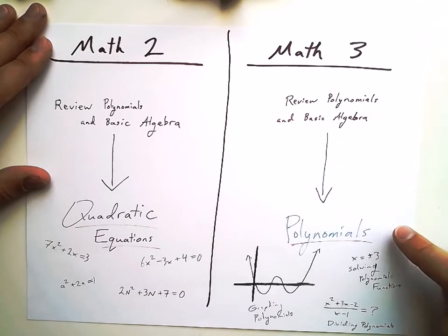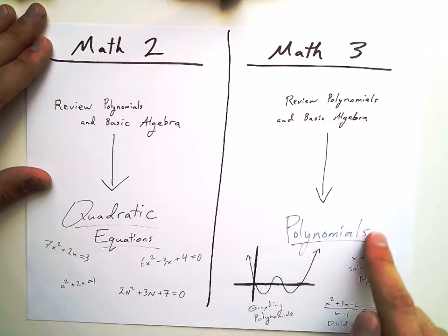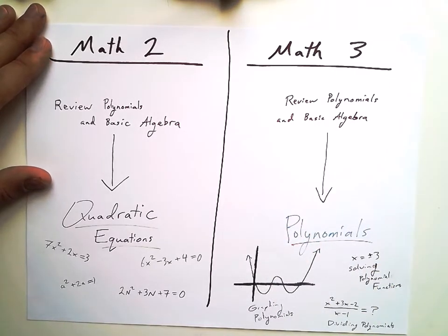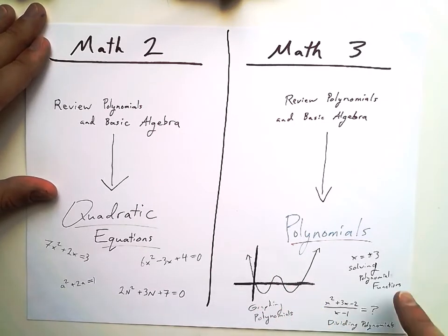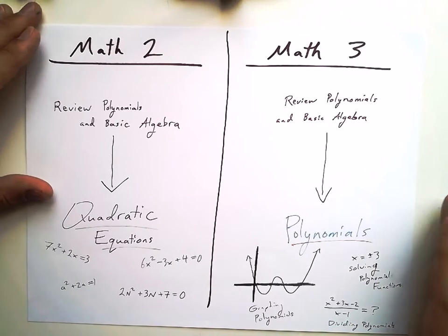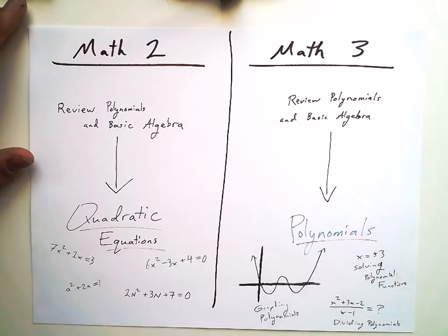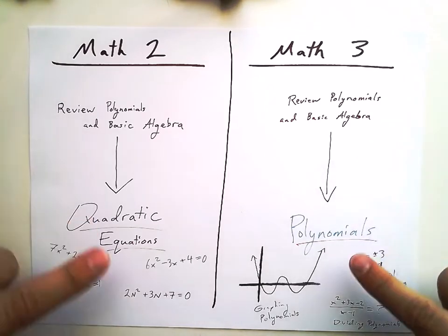Then we're going to get into more fancy stuff with polynomials, like bigger polynomials with x to the fourth and x to the fifth, graphing those, solving them, dividing polynomials, stuff like that, which will be the whole quarter pretty much. So we go in a little different places, but we're going to start off with this video that will be for both of you guys.